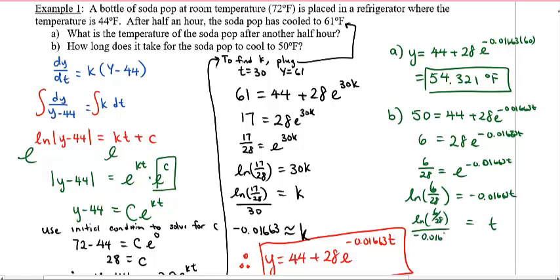I will just tell you what the calculator spit out for me. The answer was 92.614 minutes, sorry. So about a half an hour more than 60 minutes. Okay. There you go.